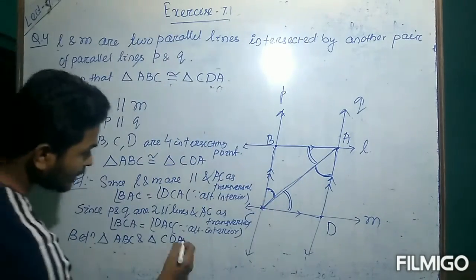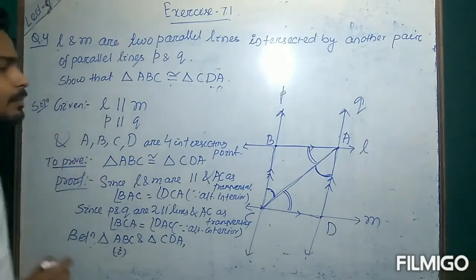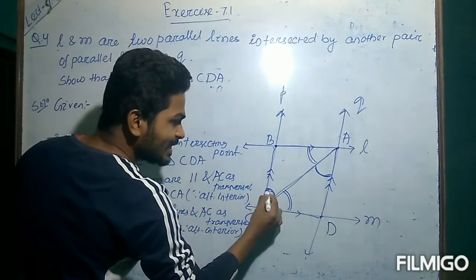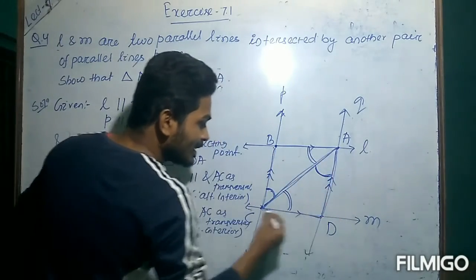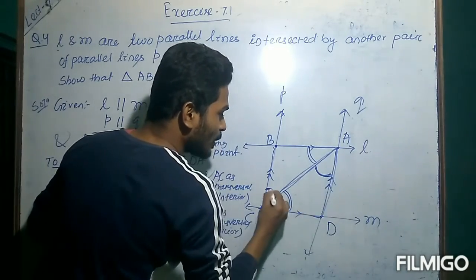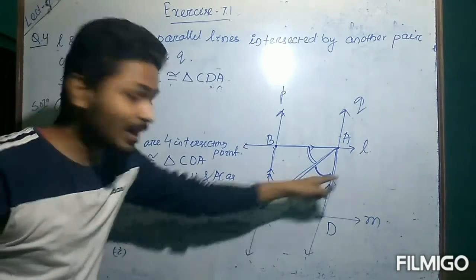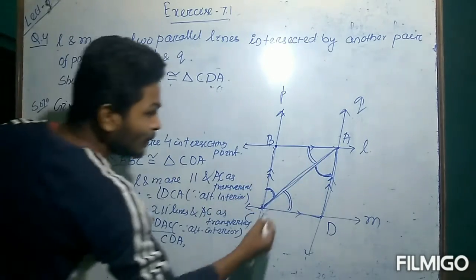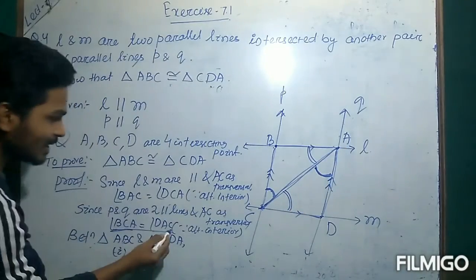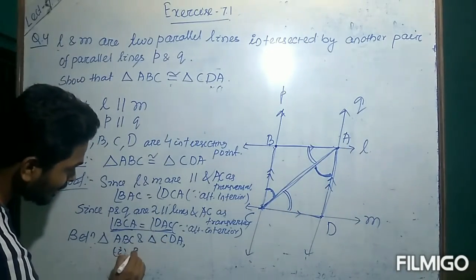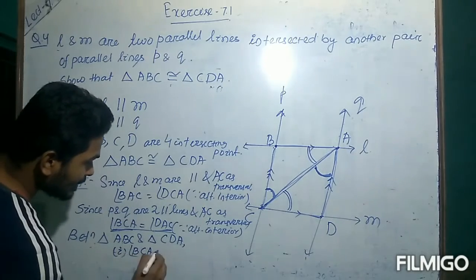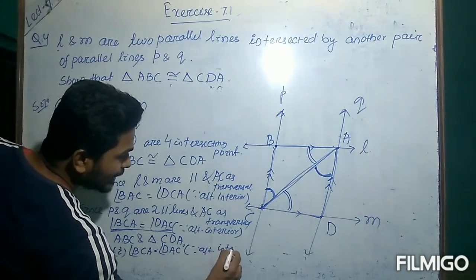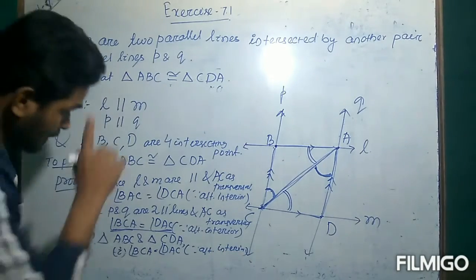The first condition: in triangle ABC this angle and in triangle CDA this angle are equal, because we have proved that BCA is equal to DAC, they are alternate interior. Done. Next.